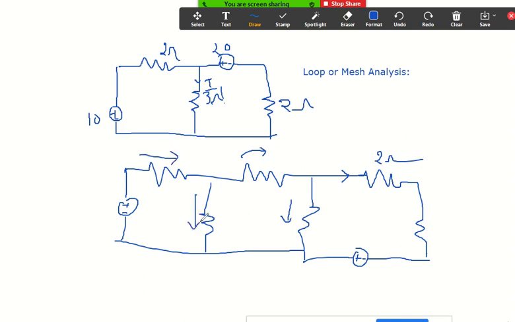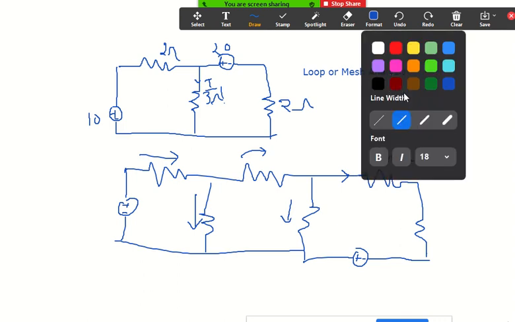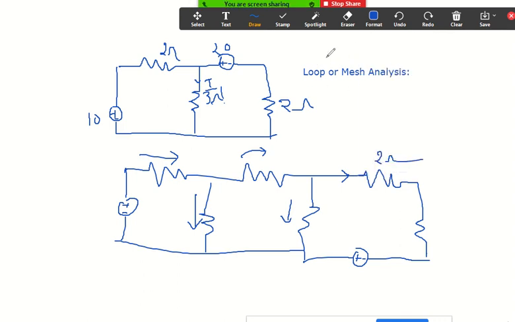I can find any branch current by using this loop or mesh analysis. Understood now why we are moving to the loop or mesh analysis instead of the current division rule? So once we got that point, all of you keep it as loop or mesh analysis.